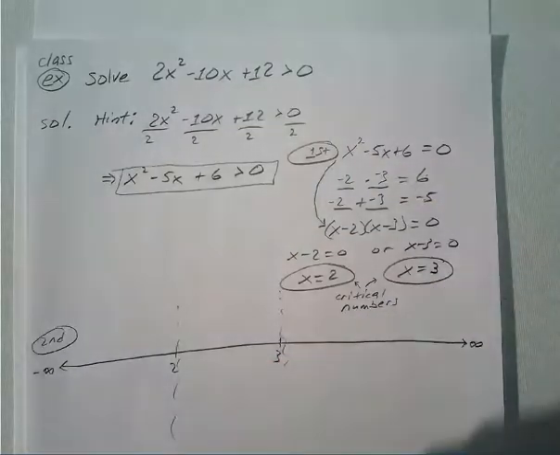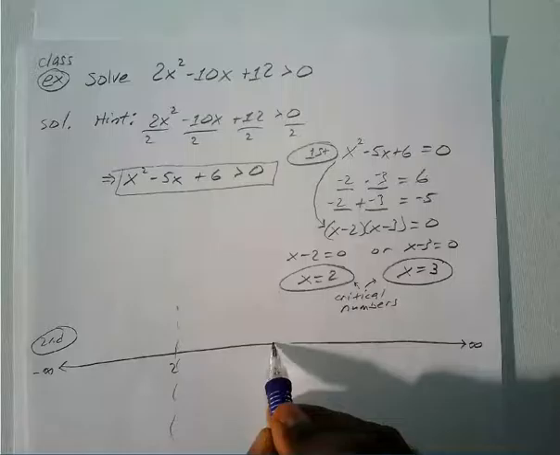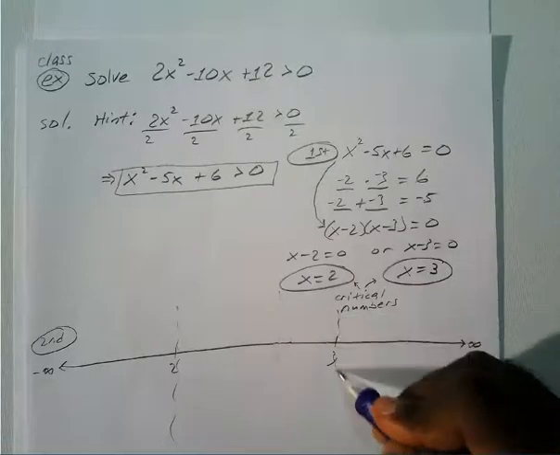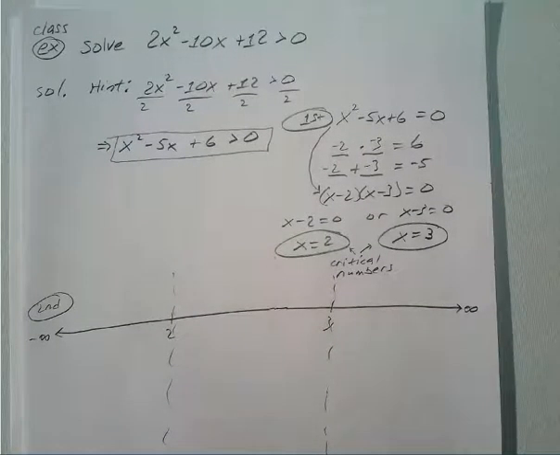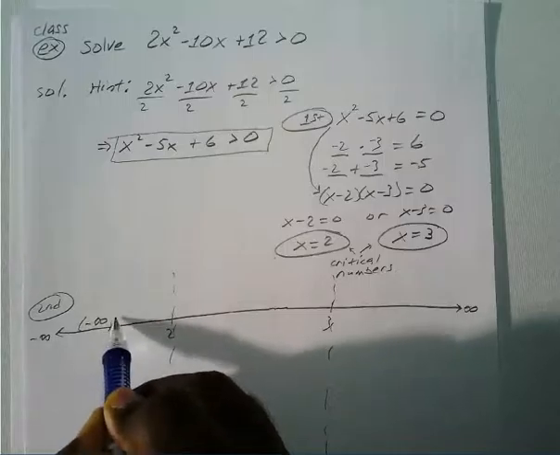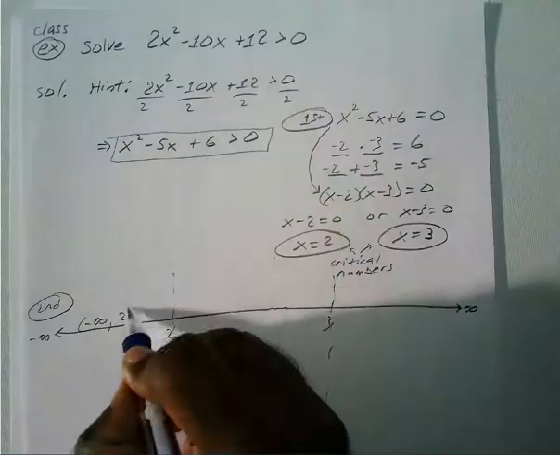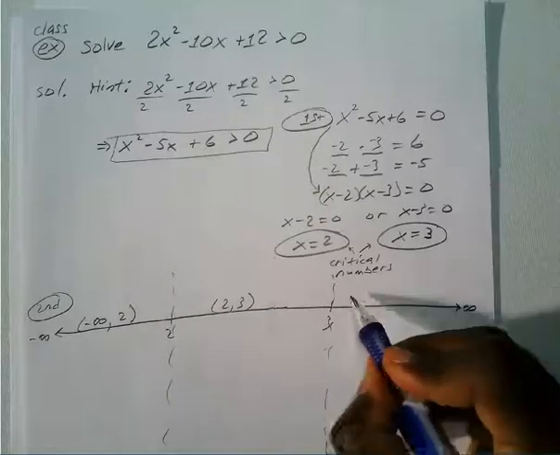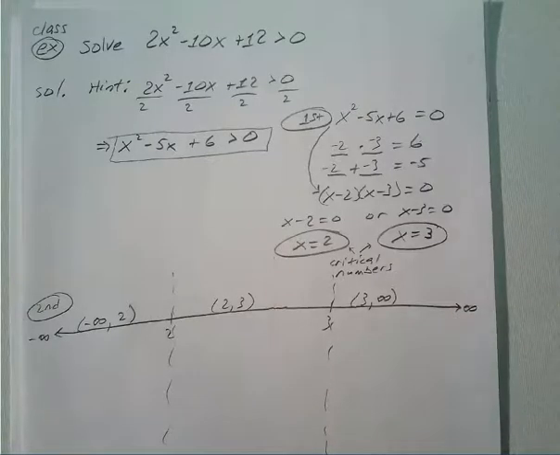Actually, I can move this over some, give me a little more room. From 2 to 3. There we go. So this is from negative infinity to 2, and remember, it's greater than, so we're going to use parentheses. This is from 2 to 3, and this is from 3 to infinity.